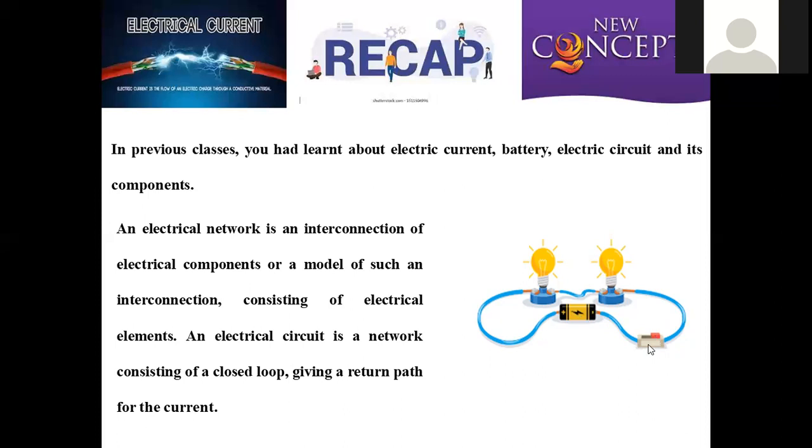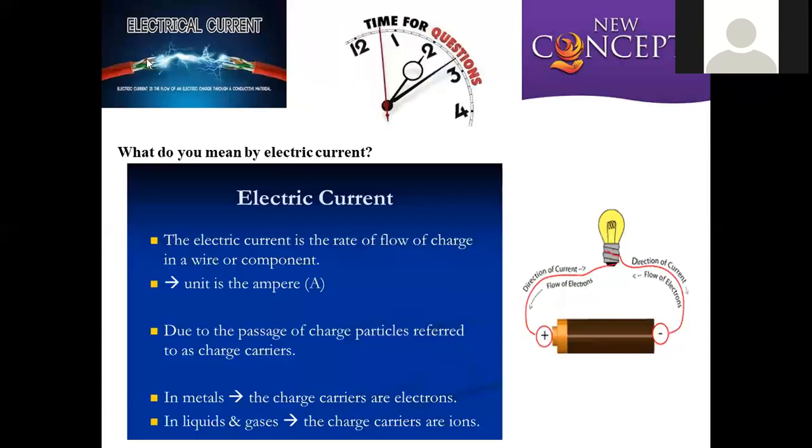For that purpose, this works like a valve in order to switch on and switch off, so that the current, or charge, passes from this battery to the light, so that illumination of the lamp is possible, right? Here, an electrical circuit is a network consisting of a closed loop. So here you can clearly observe it is a circuit. Within the system only, the charge transportation is possible, so that light glowing is possible.